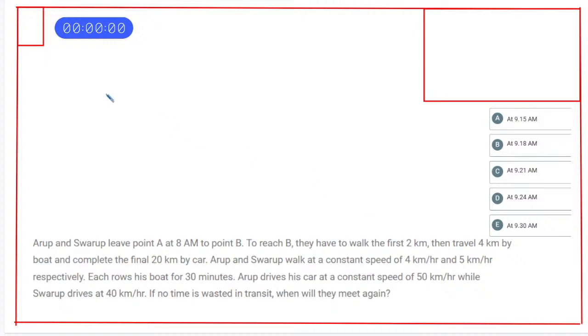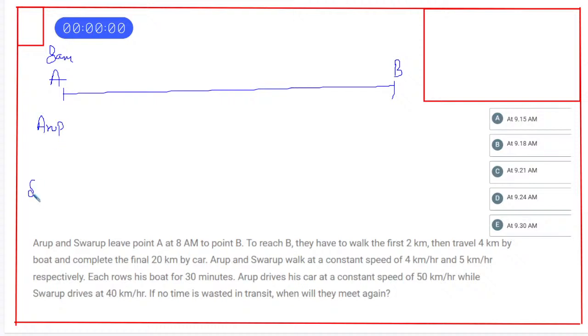So you can continue your solution. I'm just making a sketch. From A to B, they have to go. At 8 a.m., they started their journey. Who are they? Arup and Sarup. So let's start.